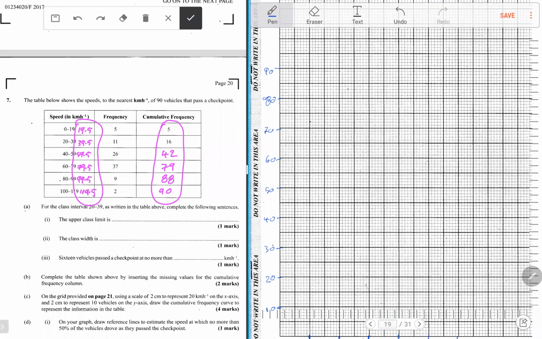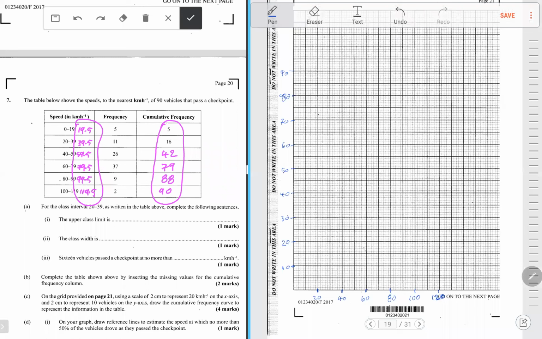All right, let's see what we can do now. Here is 0.